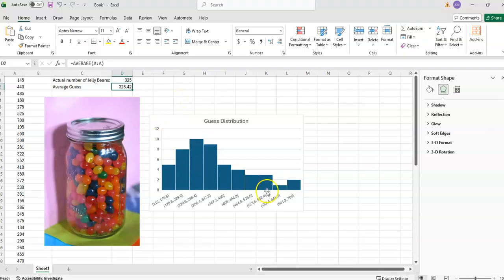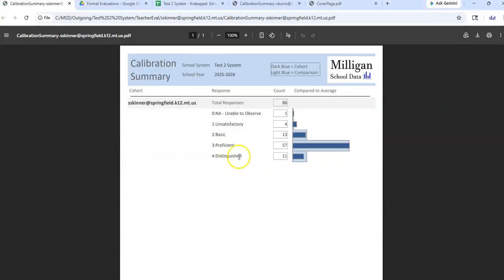Some people guess very high, some people guess very low, but those tend to cancel each other out, and the average is somewhere close to the truth. Using that phenomenon of the wisdom of the crowd is the idea behind this calibration summary.